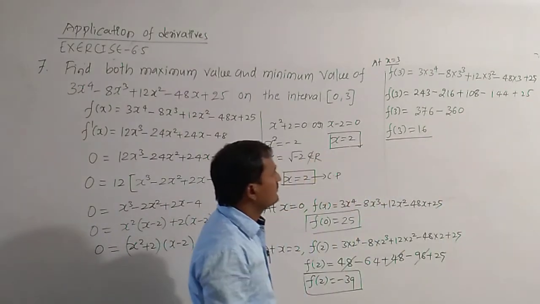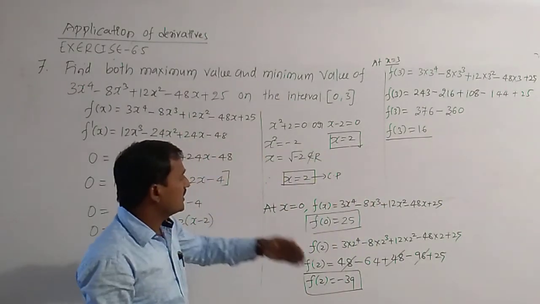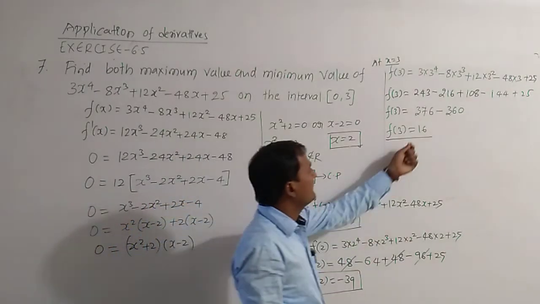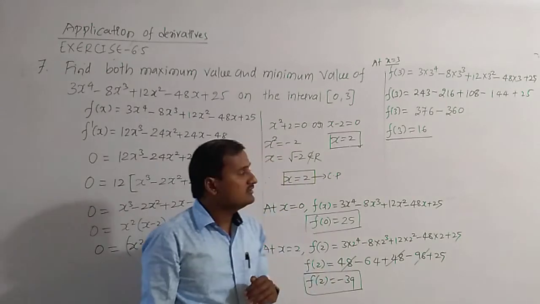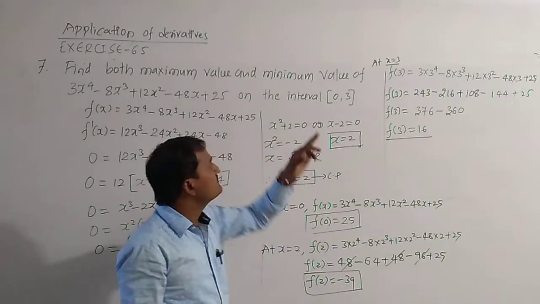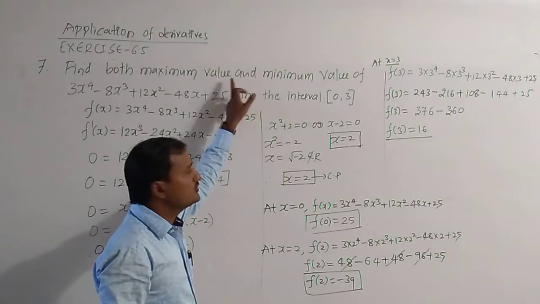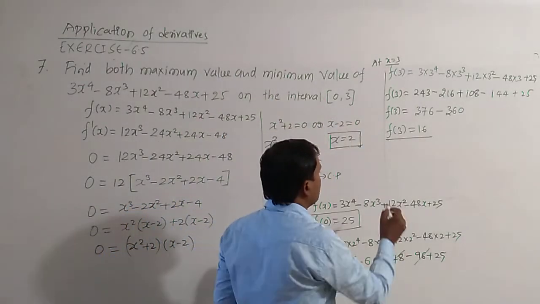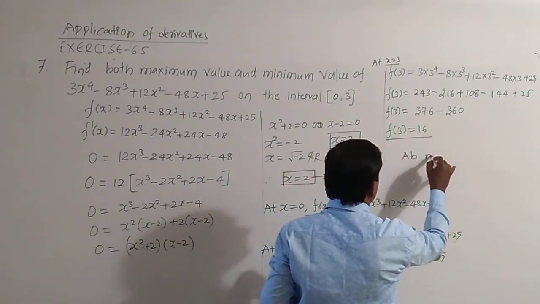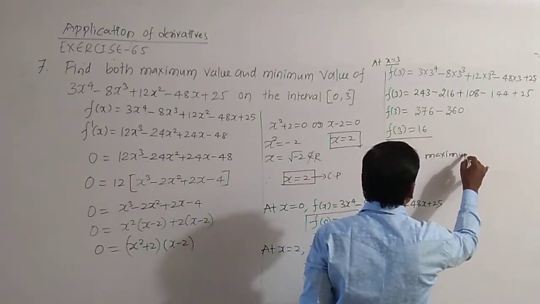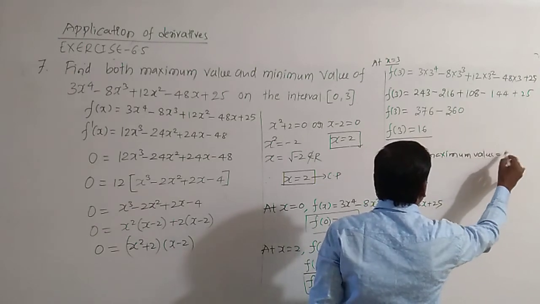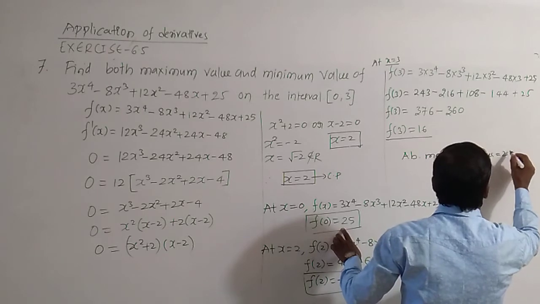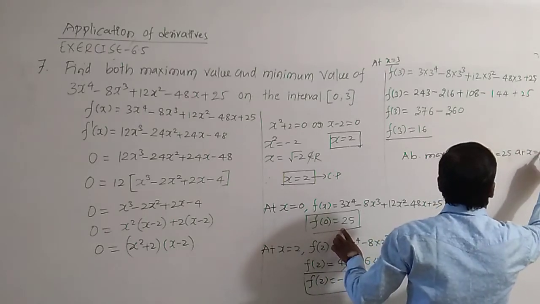Now we have the three functional values, 25, minus 39 and 16. Now you should choose the maximum value. The maximum value in this interval is the absolute maximum value, that is equal to 25 at x equal to 0.